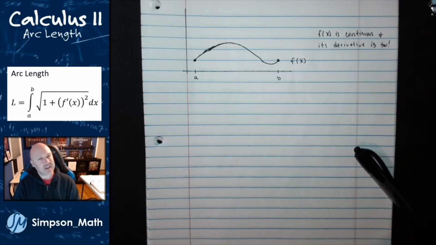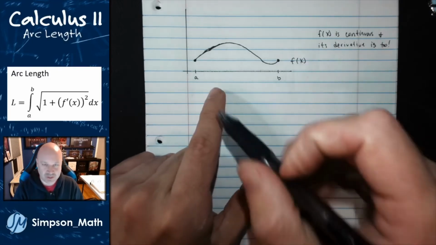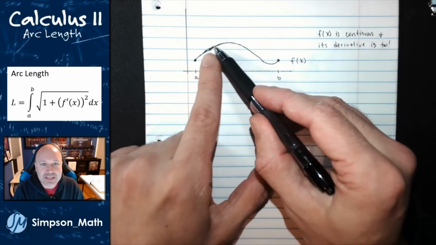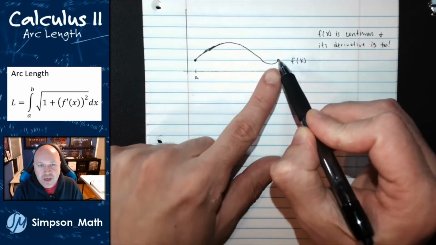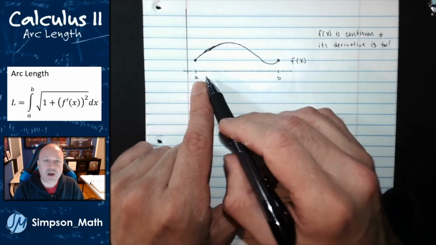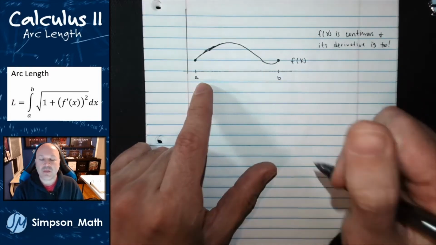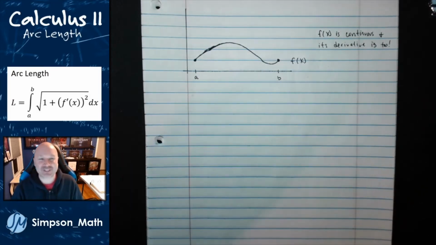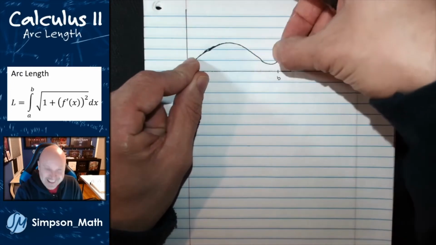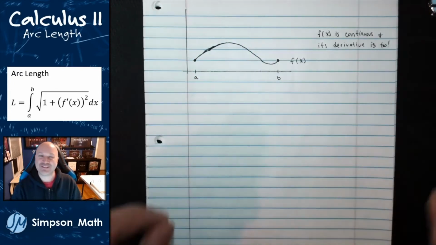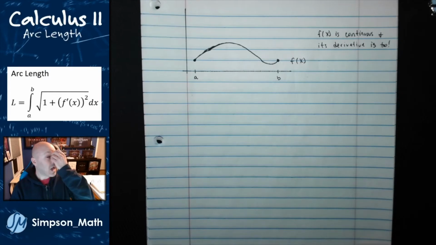And this time I'm not calculating a line segment distance. I want to calculate the length of the curve of f of x over a to b. What does that measure? The best way would be to get a string, put the string out here, cut the string, and then measure it. No. I need to come up with a way to talk about the length of that curve.